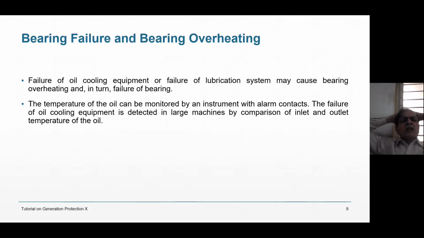Digital signal processors are there, and the auto control loop instrumentation is using DSPs. So the person has only to see that auto control is properly working. If it is not working, then he has a switch on his panel. He will change the switch from auto to manual and he will do manual control.